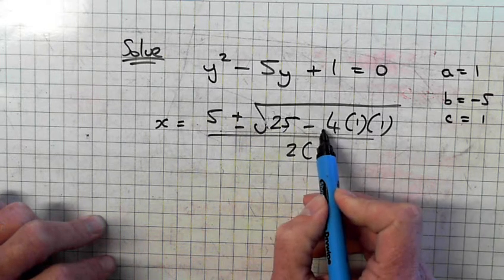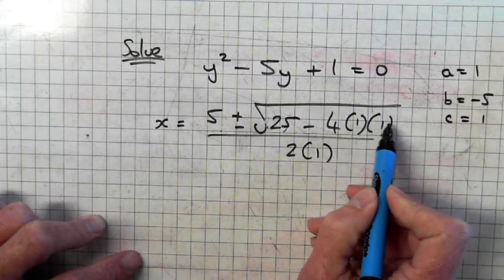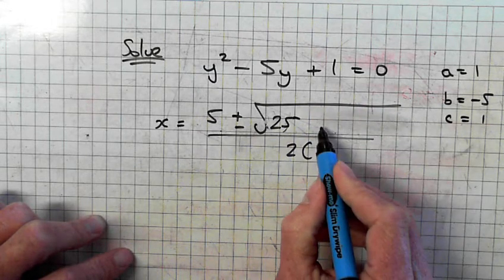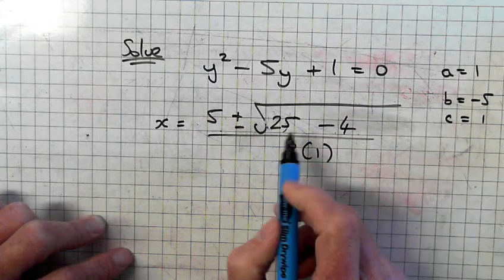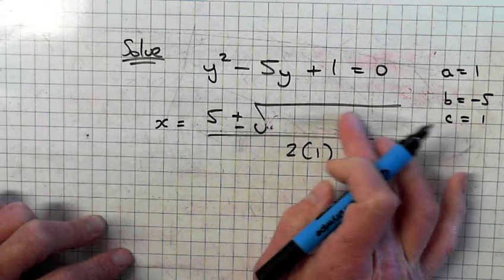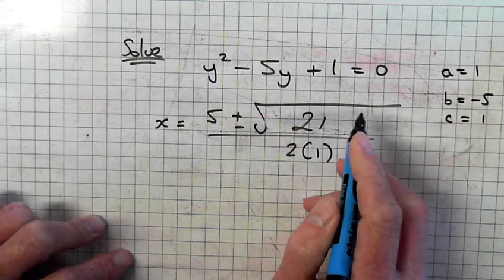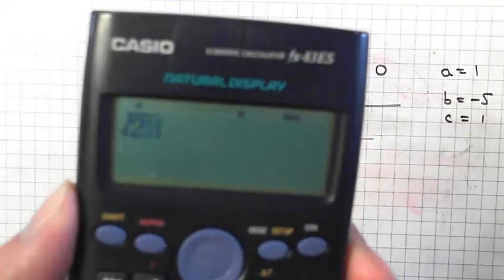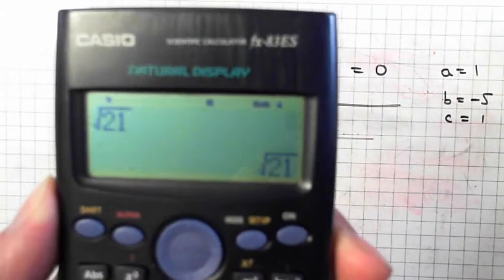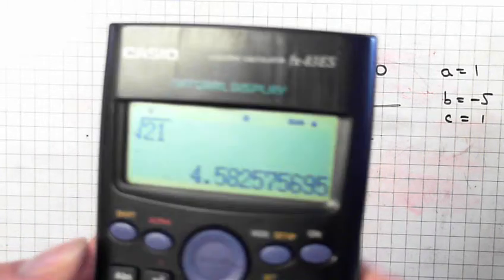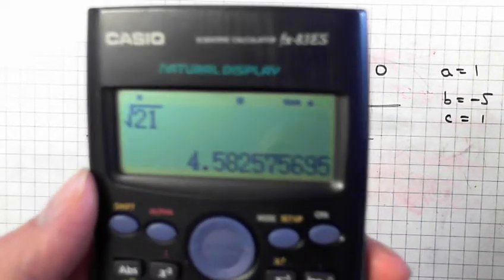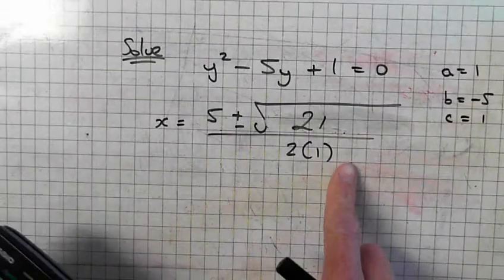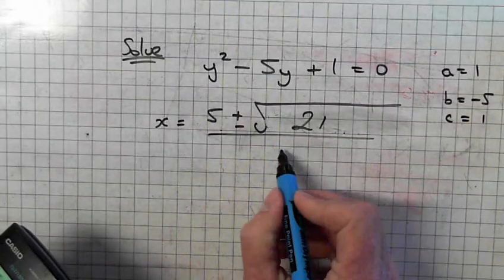Now it's minus 4 times 1 times 1. Calculator, it's just minus 4. 25 minus 4 is 21. And your calculator, square root of 21 equals that number. So we'll just leave it at the square root of 21 until we get to the final stage. 2 times 1 is 2.